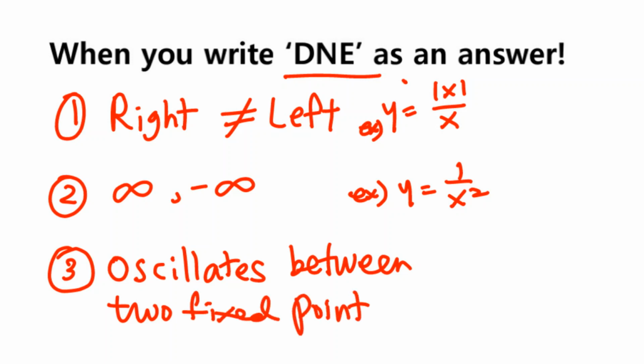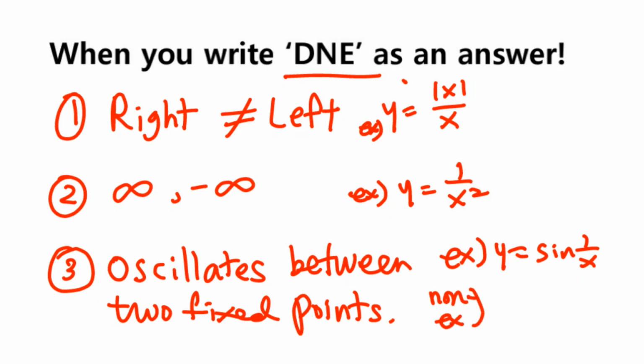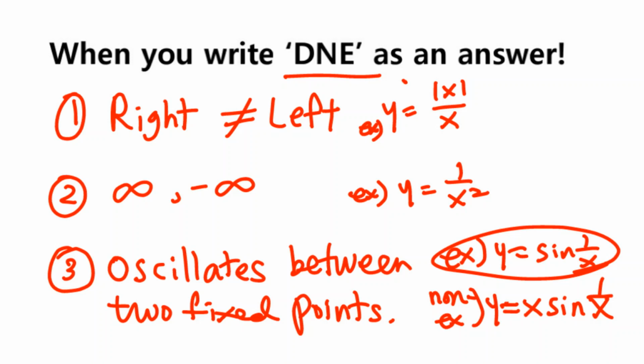So the example was y equals sine 1 over x, but the non-example was y equals x sine 1 over x. So in this case, the answer was DNE. But in this case, the answer was 0, right? So it was different.